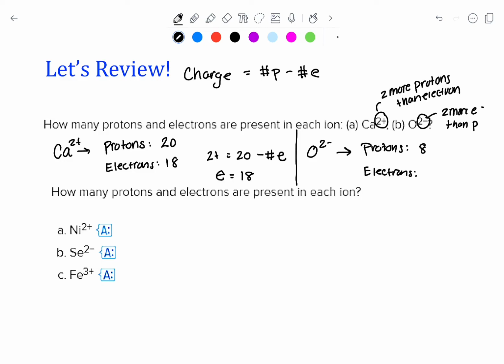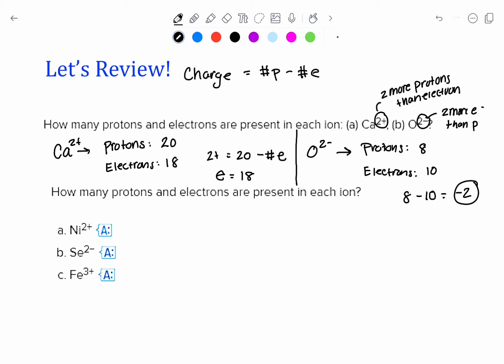And if the 2- charge means I have 2 more electrons than protons, that means I have 10 electrons. And if we do our math, 8 minus 10 is equal to -2, which is our charge. Okay, so always double check your charges, making sure that you've noted how many protons and electrons each of those ions has.